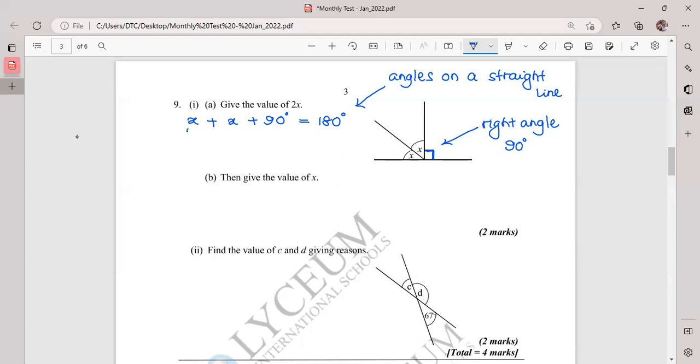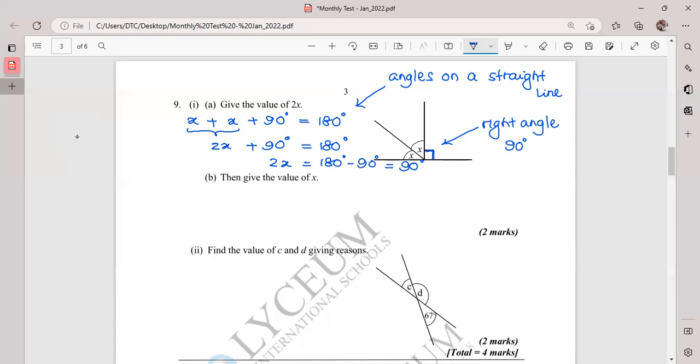When you add x and x, it becomes 2x, right? So 2x plus 90 will be equal to 180 degrees. So 2x will be equal to 180 minus 90 degrees. The answer is 90 degrees.